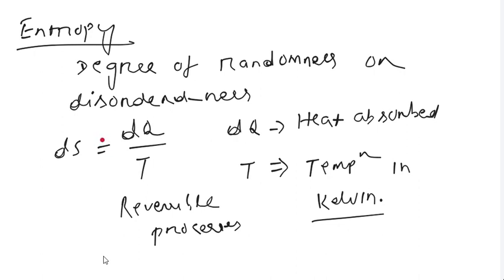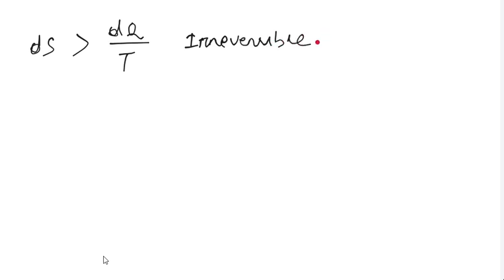For a reversible condition, the heat absorbed divided by temperature will be equal to the entropy change. But if dS is greater than dq by T, it is an irreversible process, where you cannot exactly calculate dS. It is always greater than the value of dq by T.